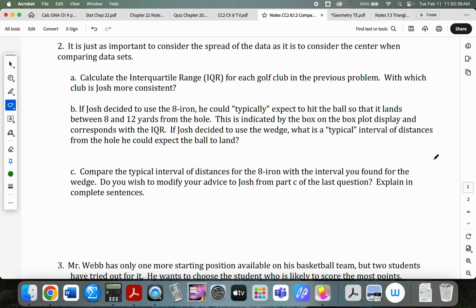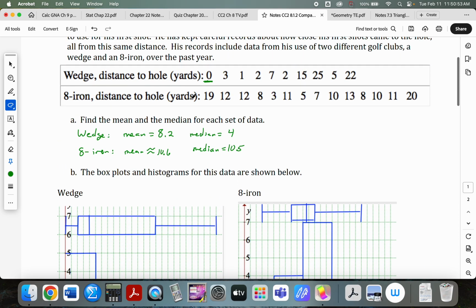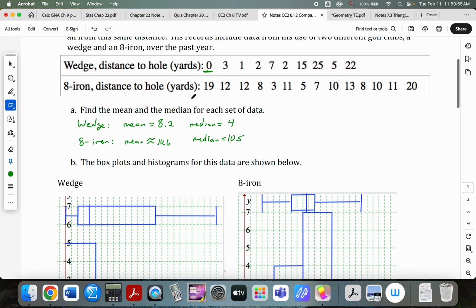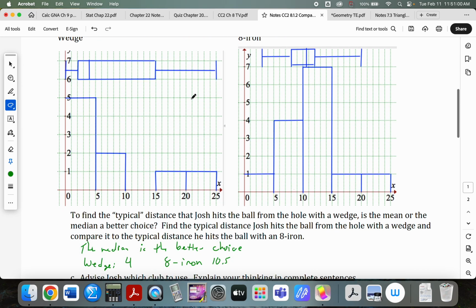So it's just as important to consider the spread of the data as it is to consider the center when comparing data sets. So let's find the interquartile range for each of these. To do that, we need to figure out what is quartile 1 and quartile 3 for each. Hopefully, since you've already put those in order, it will not take long.